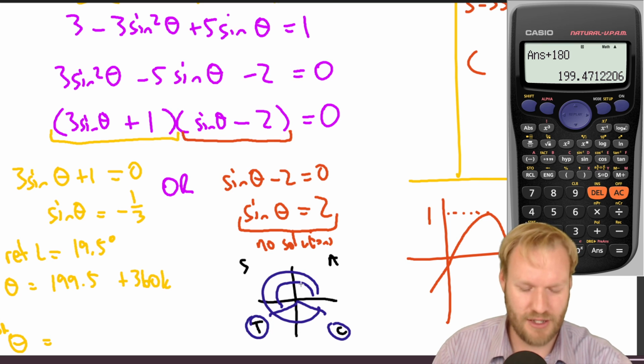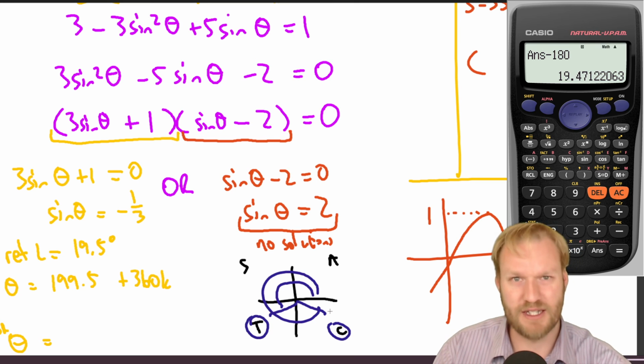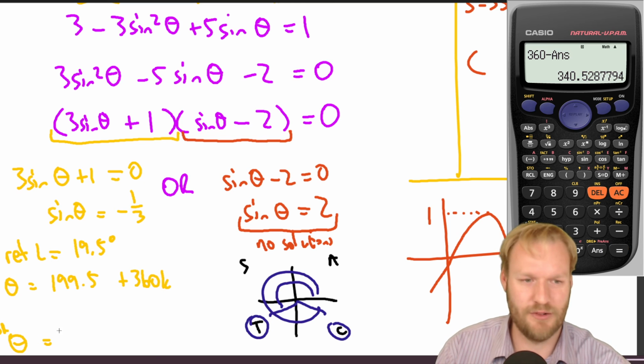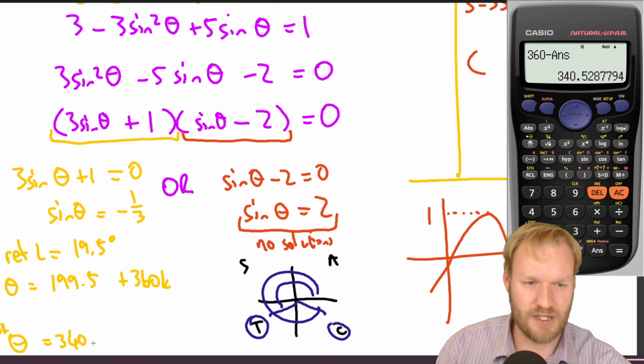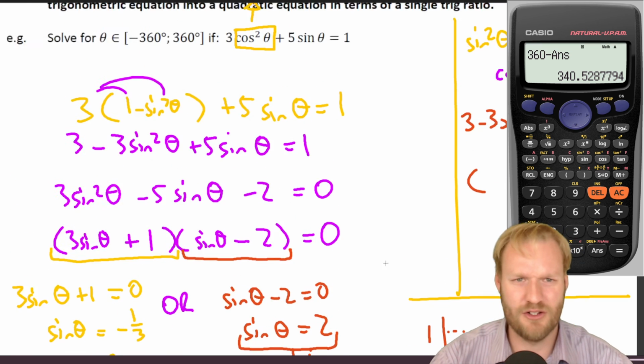Or theta equals, so let's get back to our reference angle, and here we're going to go 360 minus. So 360 minus what we had there gives us 340.5. So 340.5 degrees plus 360k. Okay, so they're our two general solutions.